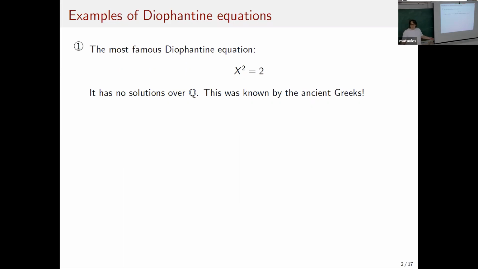We all know that this doesn't have rational solutions. Not only do we know that, but the ancient Greeks knew that, and this has been known for a lot of years. So this is one kind of equation that we study.